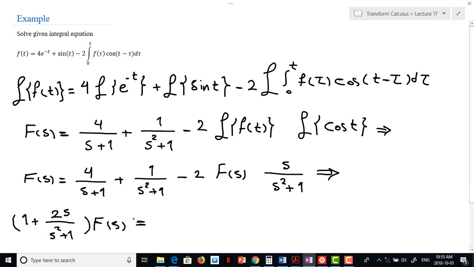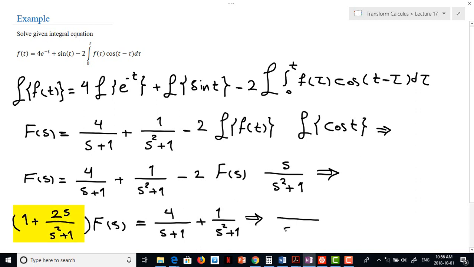It's equal to, so what's left? Here we have 4 over s plus 1 plus 1 over s squared plus 1.